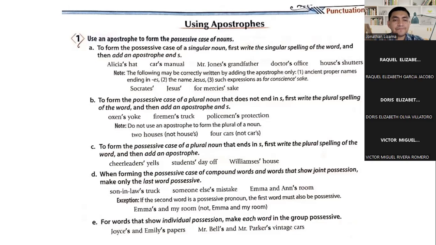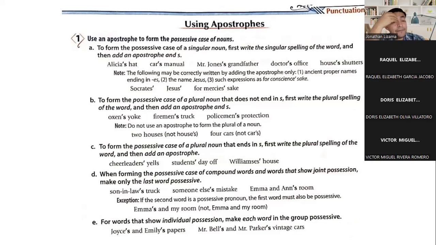William's house. When forming the possessive case of compound words or words that show joint possession, make only the last word possessive. Son-in-law's struck. Someone else's mistakes. Emma and Anne's room. Ojo con esto, ¿verdad?